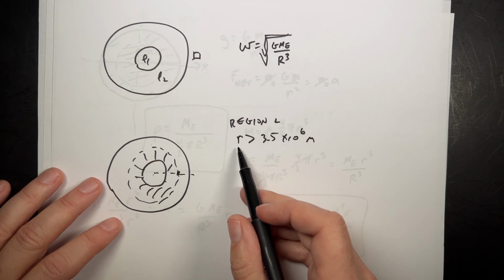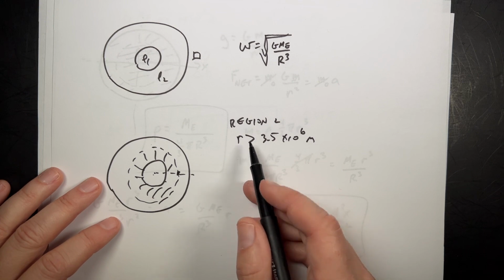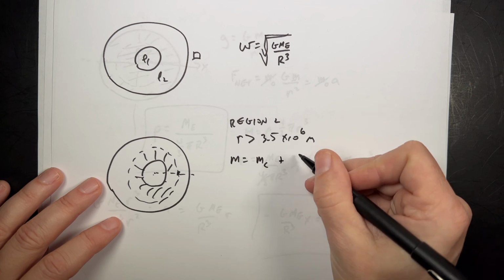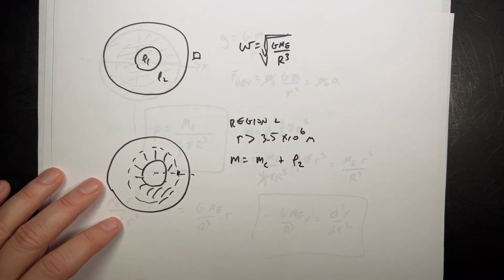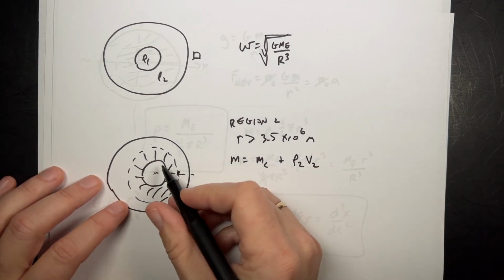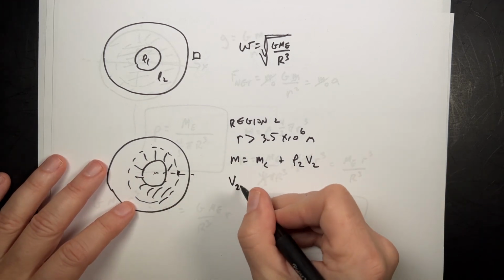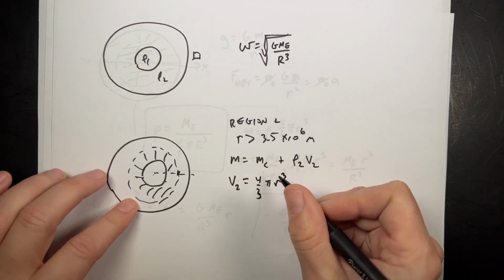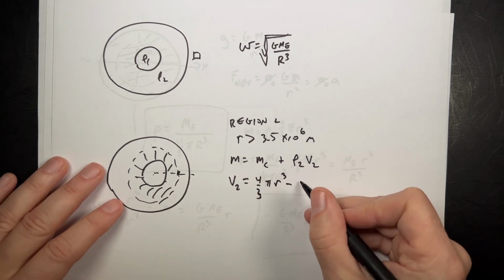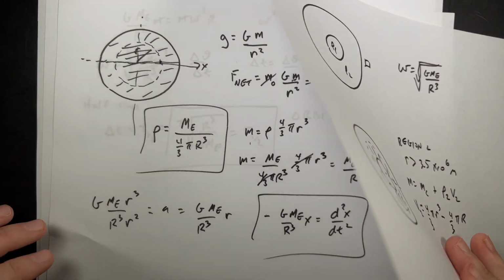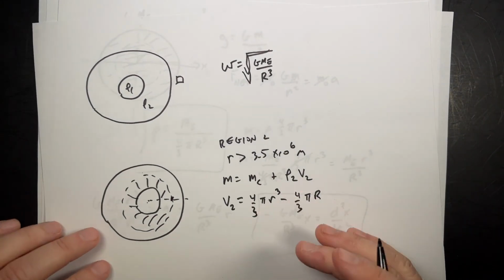If that's the case, then I can calculate the mass. It's going to be the mass of the core plus the density 2, which is in this region over there, times volume 2. So volume 2 is going to be calculated as 4/3 pi r cubed, the volume of the whole thing, minus 4/3 pi r1 cubed.